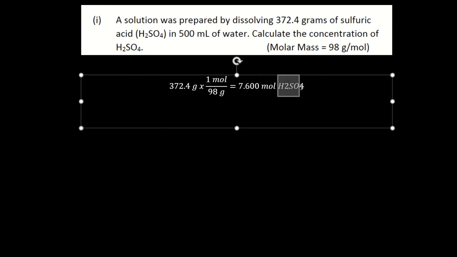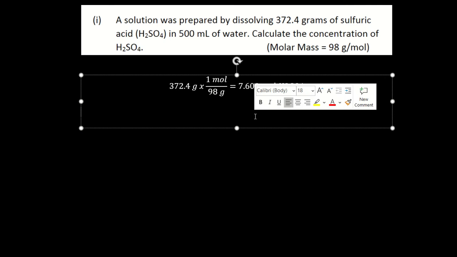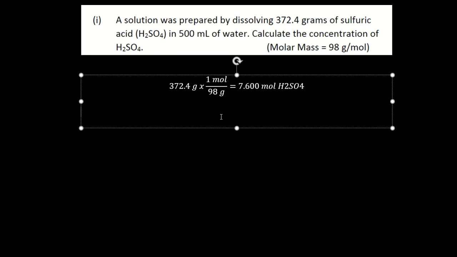In this case, that would look like 7.600 mole of H2SO4 divided by our volume in liters, which is going to be not 500 milliliters, but 0.500 liters.